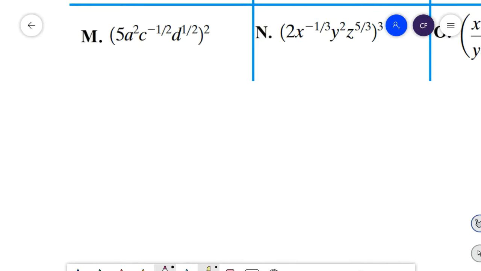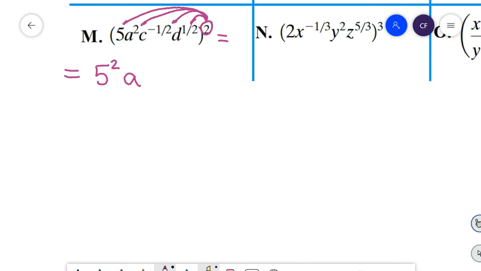So let me write down here. So get these exponents, and you're going to distribute to each one of the factors. You're going to multiply by the power of each factor. So first, let's start with 5. 5 doesn't have any exponents, so it's 5 squared.